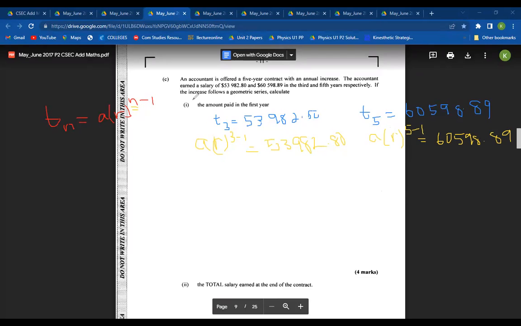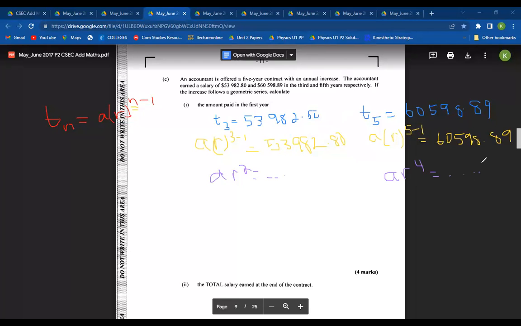So let me simplify this a little more. 3 minus 1 is 2, that's A R squared is equal to this whole long number. You write it out, okay? I'm just doing that to save time. And then A R to the power 4 is going to give me this whole long number.